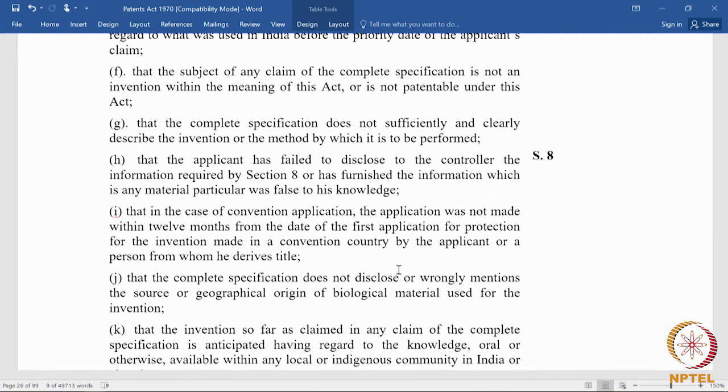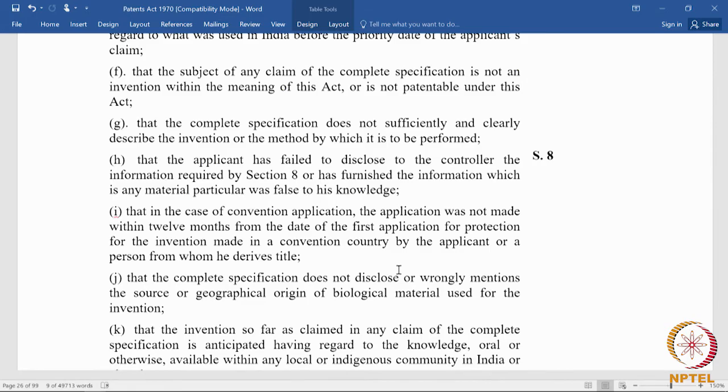You could take a broader view and say that what is not an invention means what does not fall within the definition of an invention in section 2(1)(j), but there is no need to take that view because what is not an invention is already covered in the other aspects of the act. Lack of novelty, lack of inventive step is already covered.